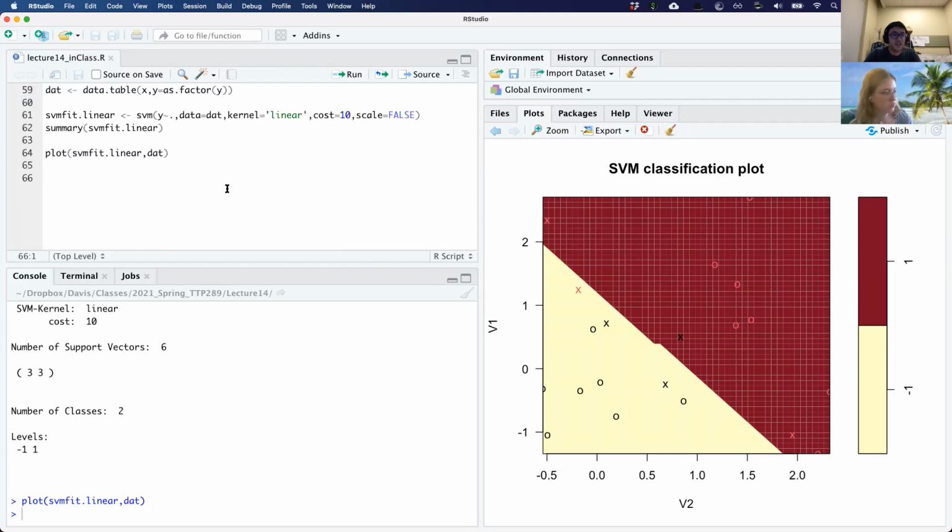So now let's look at a support vector machine using a radial kernel example. I did put this in Canvas already. There's a file called ESL mixture. So we can look at what's in here.